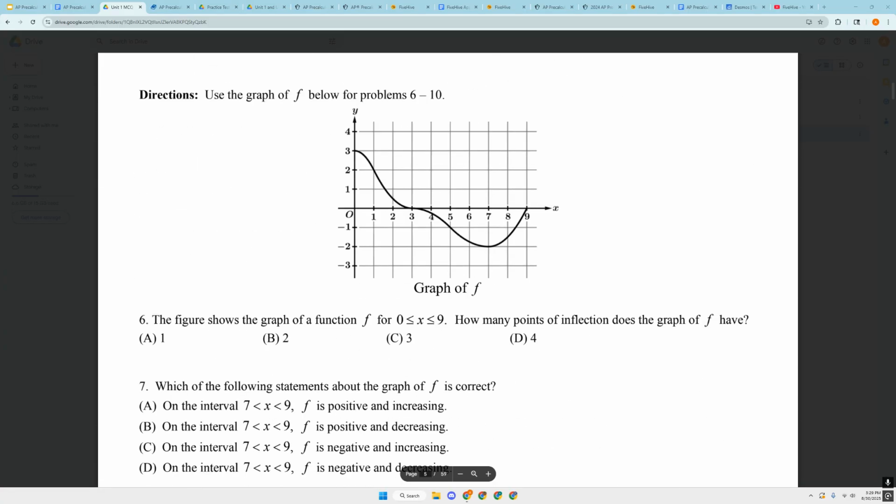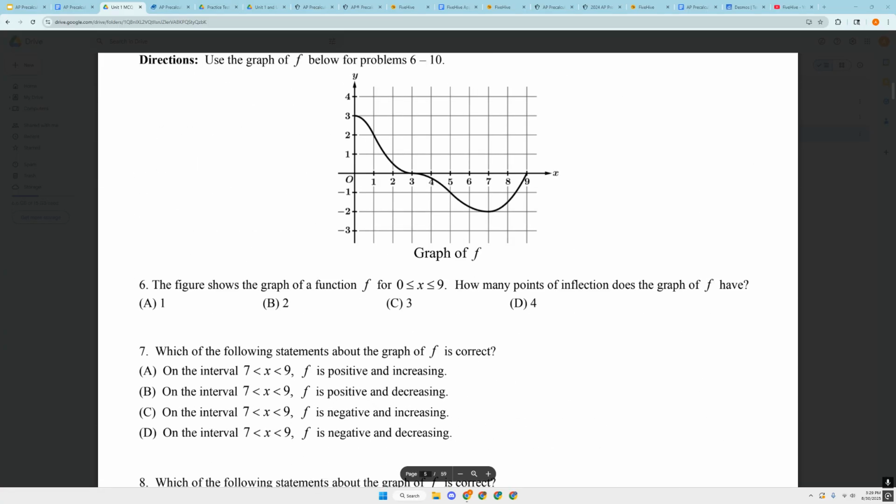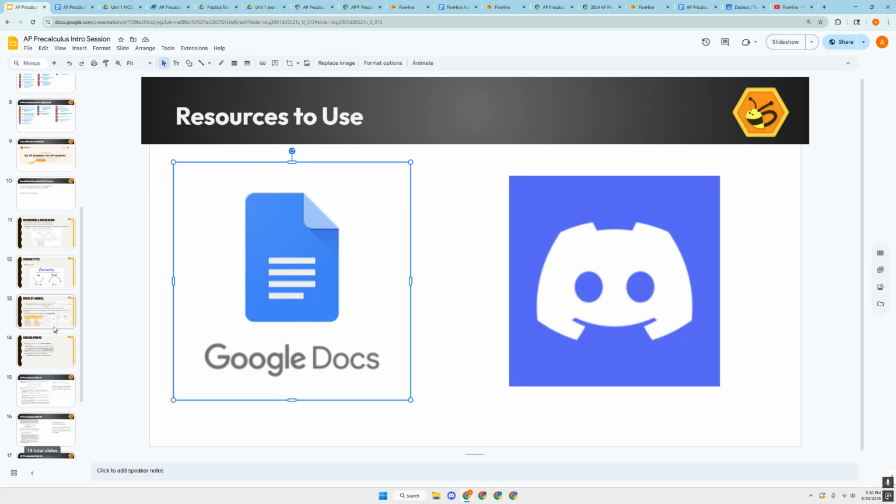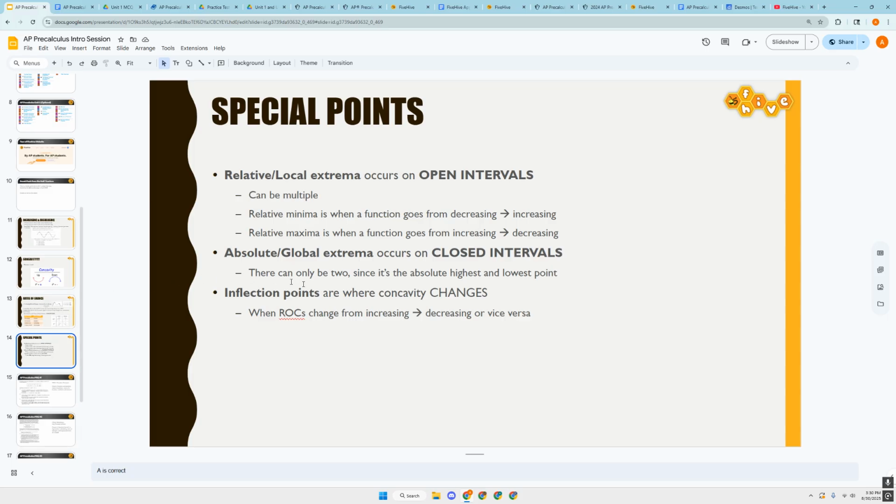So we'll try one now. We talked about inflection points where it changes from concave up to concave down. So what is number 6 based off that? I will make the poll. A point of inflection is where concavity changes. So when it goes from concave up to concave down.